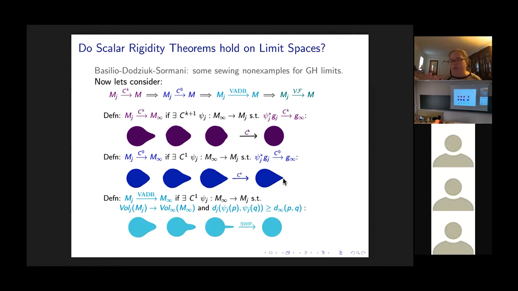There may be newer results that I haven't seen yet, but they are working in the C0 setting, where they assume there's a smooth sequence and only C0 convergence, but then, luckily it's smooth at the end. One can get that the scalar curvature of the limit space is positive, and then you get all the results to work. And they're working to further improve these results without assuming smoothness on the limit space.